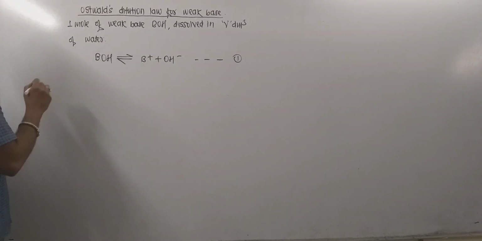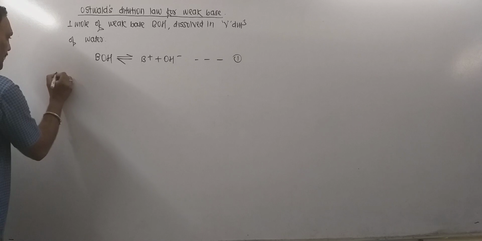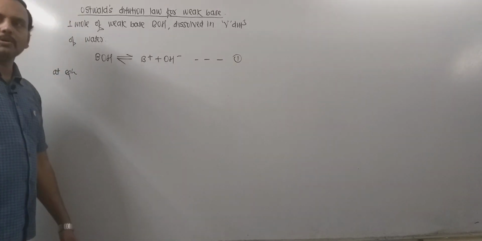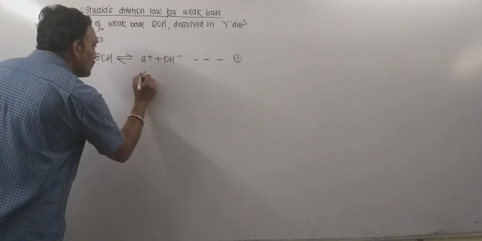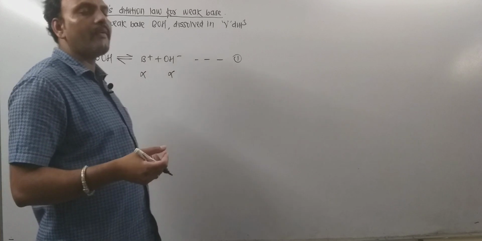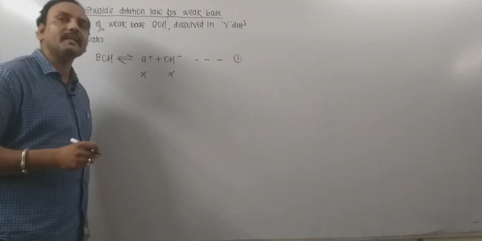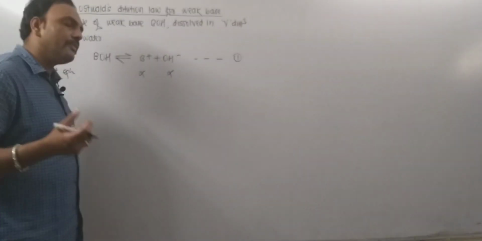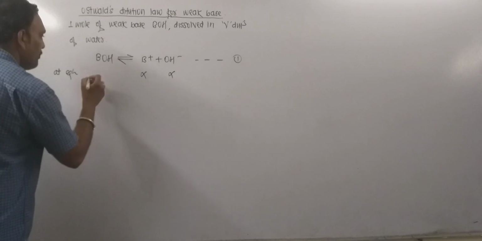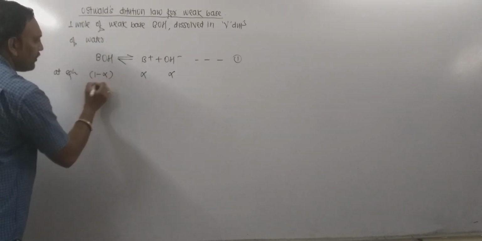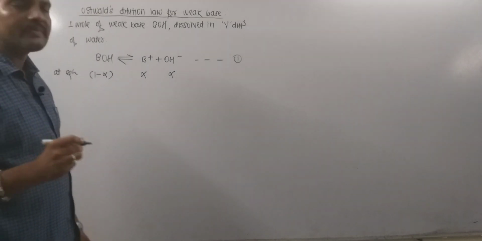So at equilibrium, the number of moles of B plus will be alpha, and OH minus also alpha, as we are considering alpha as the degree of dissociation, and out of 1 mole of weak base BOH, alpha moles get dissociated. The point to be remembered is that the moles which remained undissociated will be 1 minus alpha.